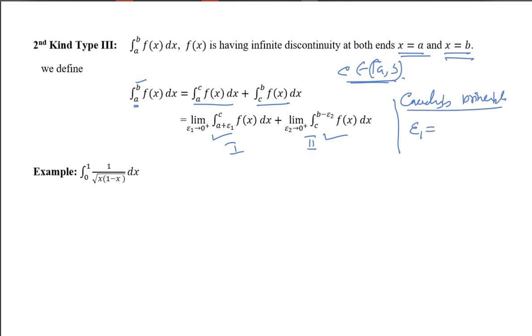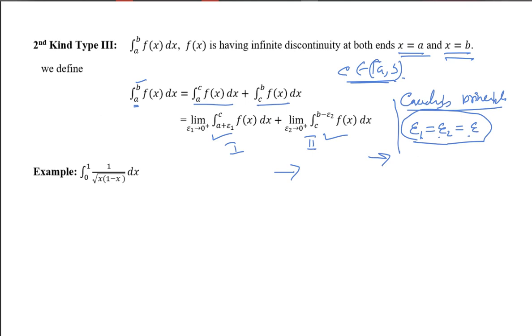Now if you take epsilon 1 is equal to epsilon 2 is equal to epsilon, both are the same. Sometimes it might happen that taking epsilon 1 and epsilon 2, you get this limit does not exist, and this improper integration does not converge. But in the same problem, taking epsilon 1 is equal to epsilon 2 is equal to epsilon, if you take this restriction, you may get a finite value.